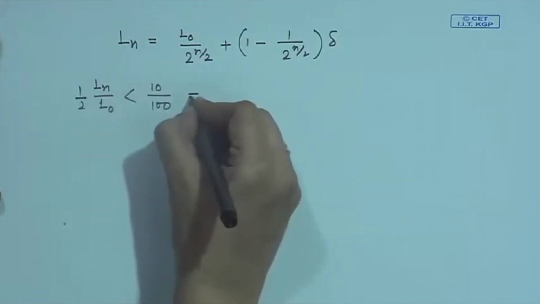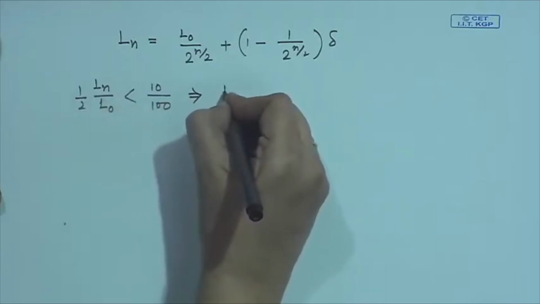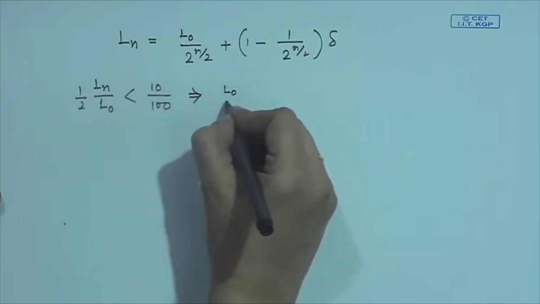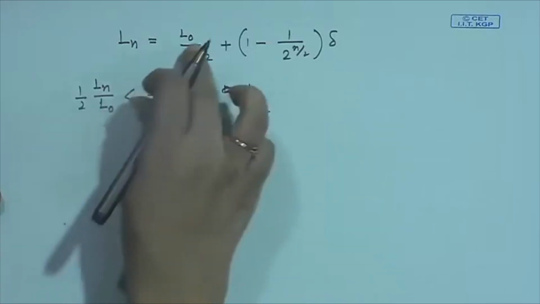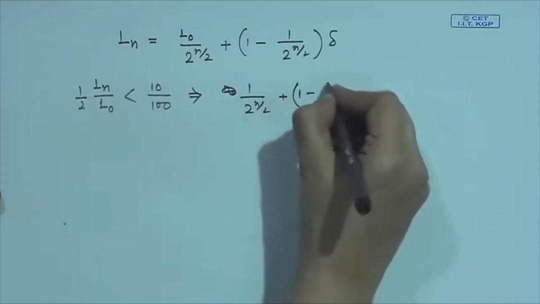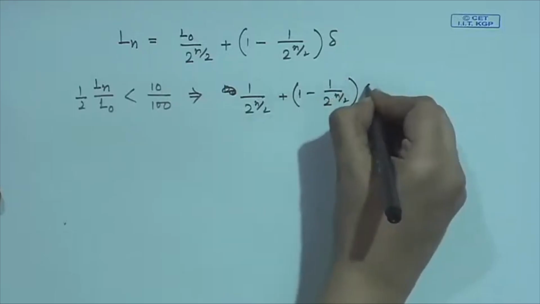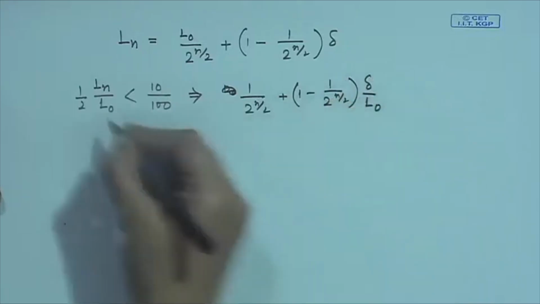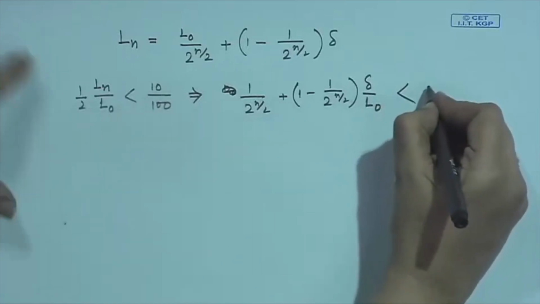If I just do the calculation, what am I getting? 1 by 2 to the power n by 2, L naught will cancel, plus 1 minus 2 to the power n by 2 delta by L naught is less than 1 by 5, that means 0.2.